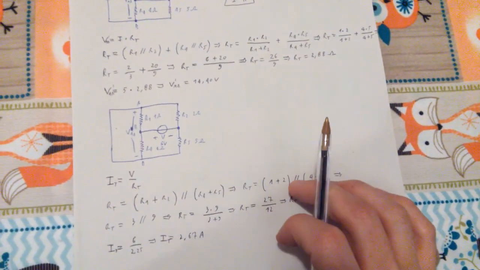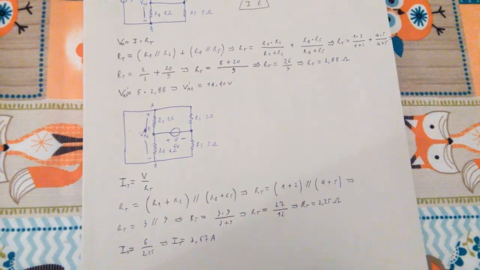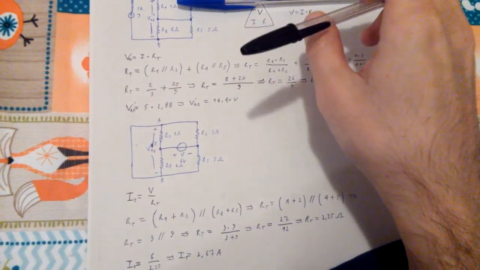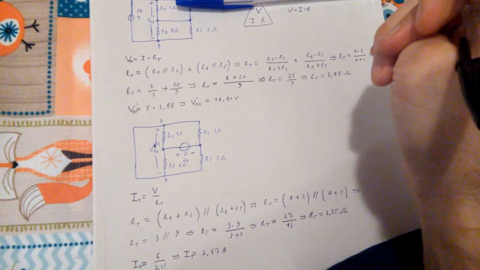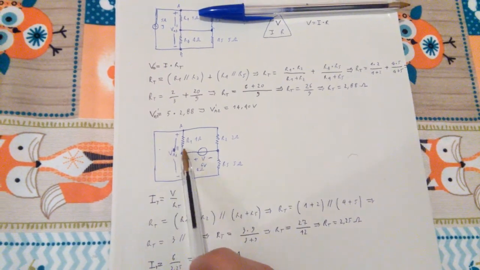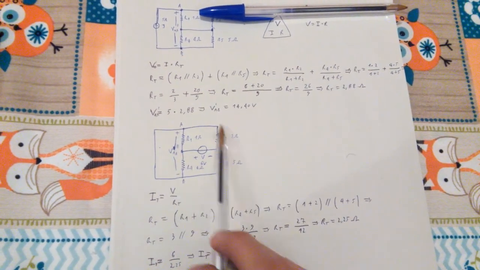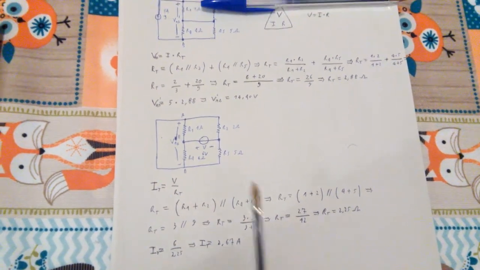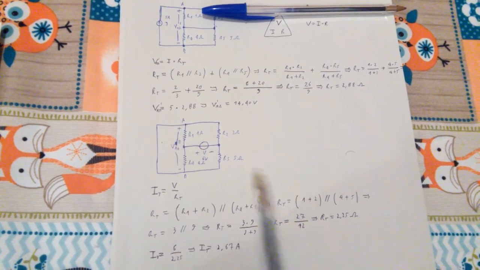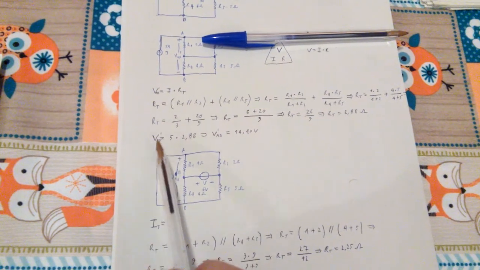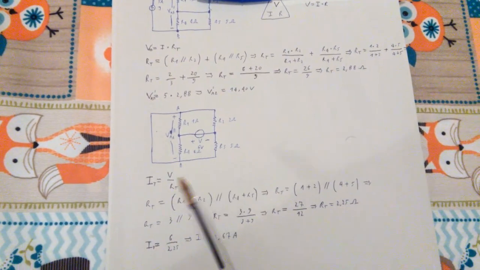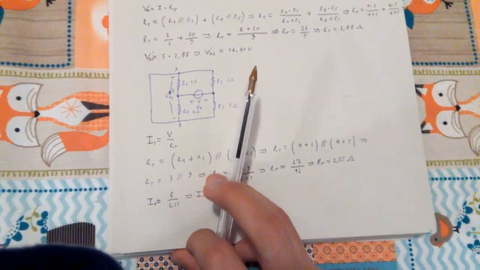Now I'm gonna have to find I1 and I4 so that I can actually get VAB second, because in this setup we found I, but what we really want to know is the difference of potential in this part, so that we can add it to the VAB first that we found here easily, and we can call it a day.